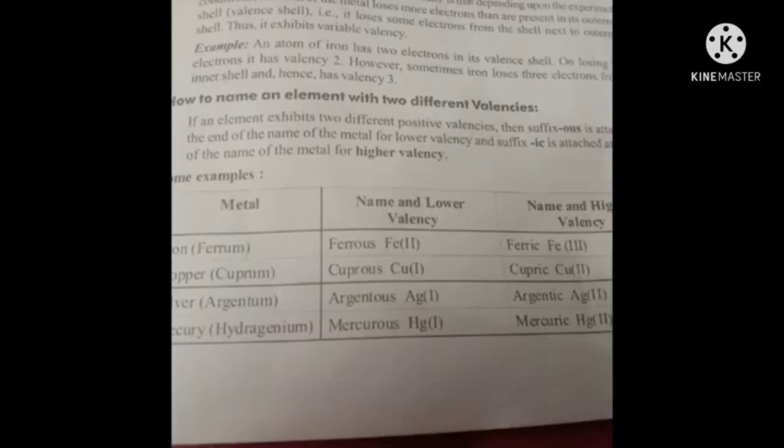See the example, iron metal, that is ferrum. It has variable valency. For the low valency number the name given is ferrous. For the higher valency number the name given is ferric.